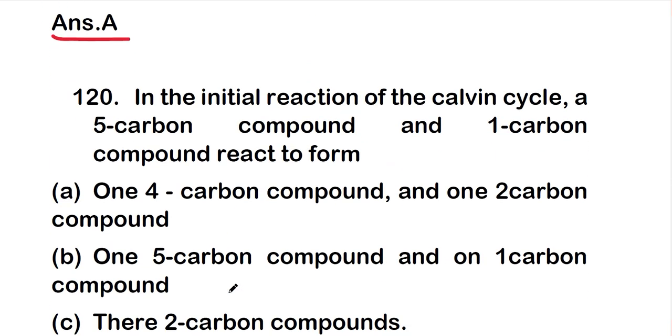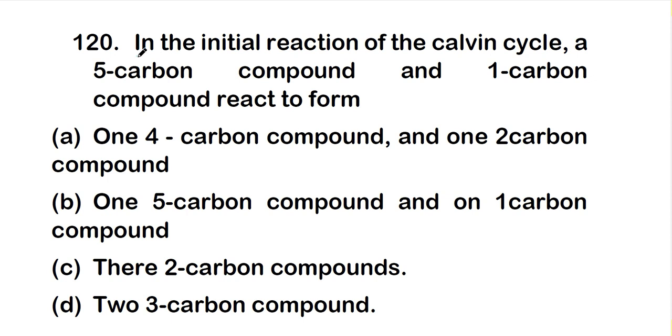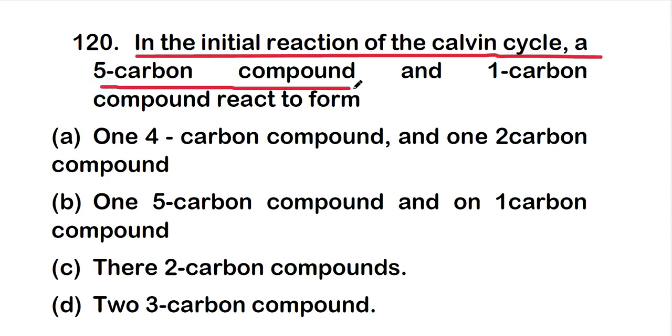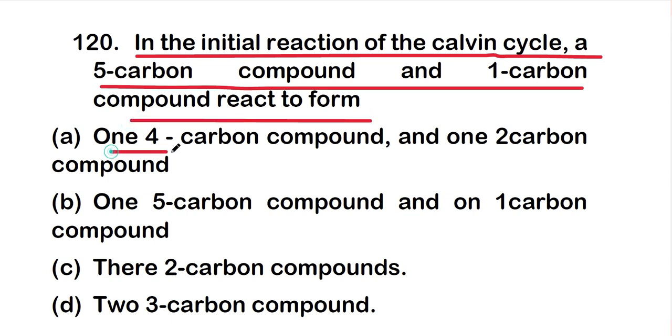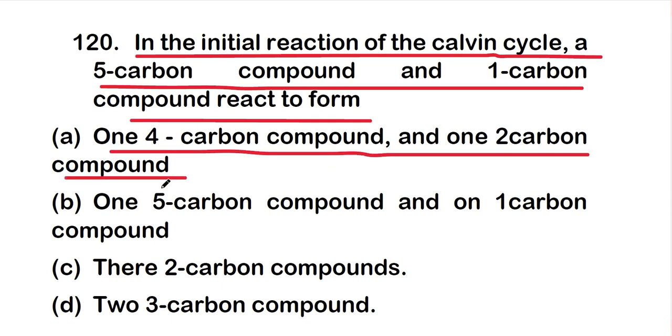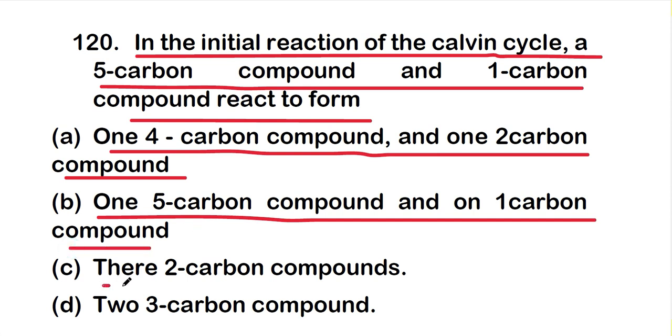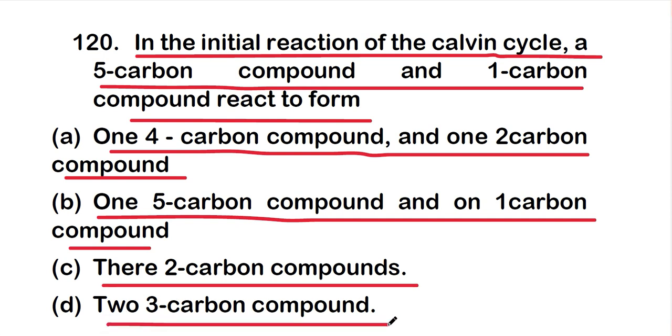So the last question of this video is, in the initial reaction of the Calvin cycle, a 5 carbon compound and 1 carbon compound react to form, option A, one 4 carbon compound and one 2 carbon compound, or option B, one 5 carbon compound and one 1 carbon compound, or option C, three 2 carbon compounds, or option D, two 3 carbon compounds.